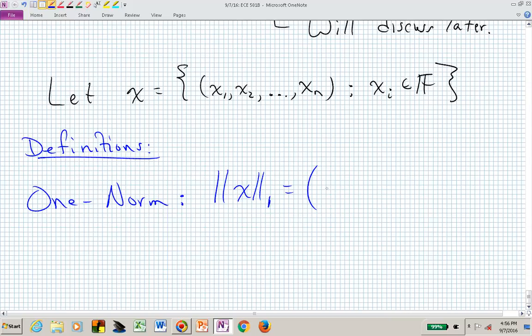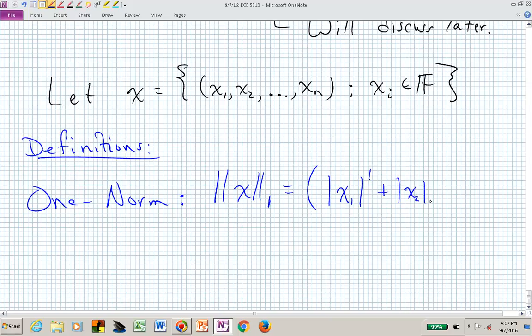And so when I say something like the absolute value of x sub 1, that's either the sign of a real number or it's the magnitude of a complex number, whatever x sub 1 is living in terms of its field. So for the one norm, I take the length or the magnitude of that coordinate x1 and I raise it to the first power. This is just to establish the notation or the context of what I'm doing.